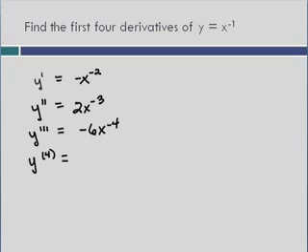And the fourth is 24x to the negative 5. So you can see on this one then, we are not approaching 0, and it's just going to get uglier and uglier every time we do another derivative. So here is a non-polynomial function, and notice that once again the derivative is not approaching a constant function.